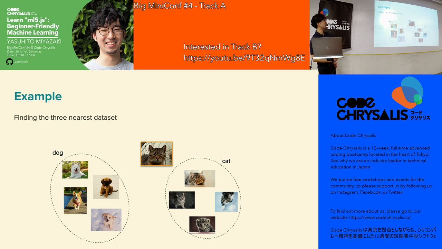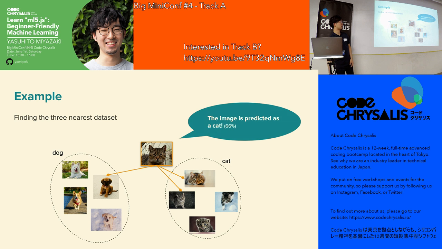Let's say in this example K, the number of nearest neighbors, is 3. So it will try to find the 3 nearest images. Now this cat is classified as a cat. So this is how my demo worked.